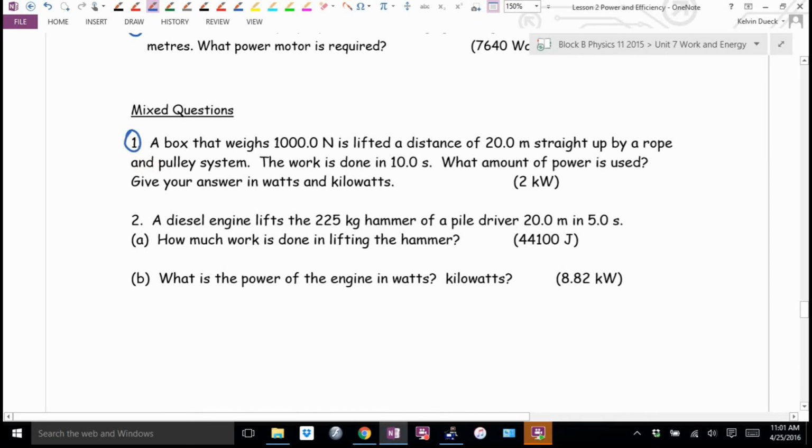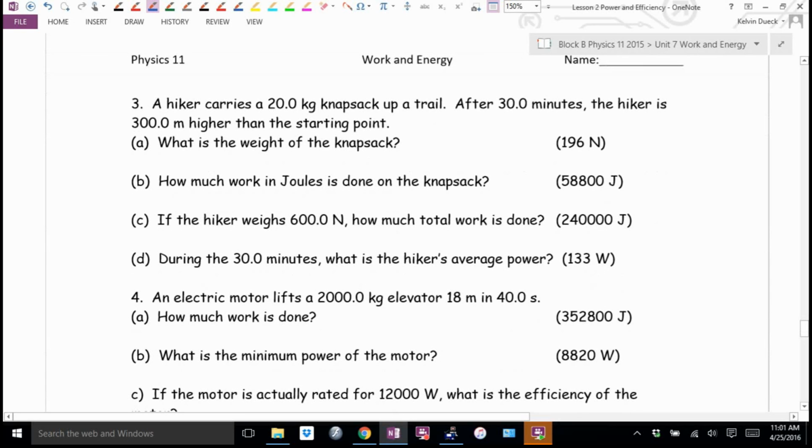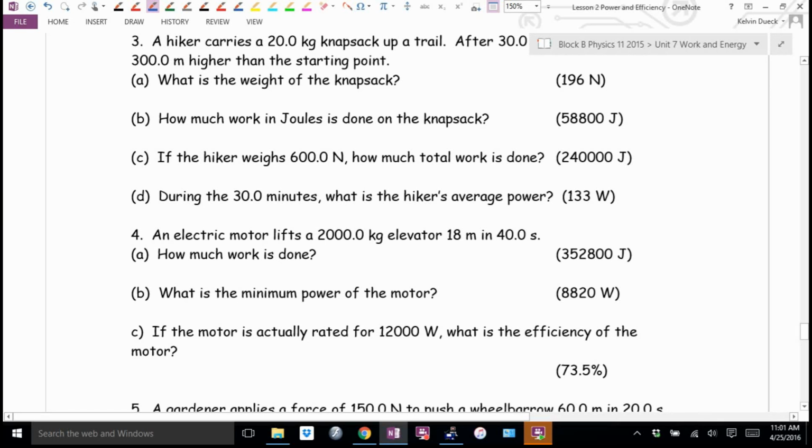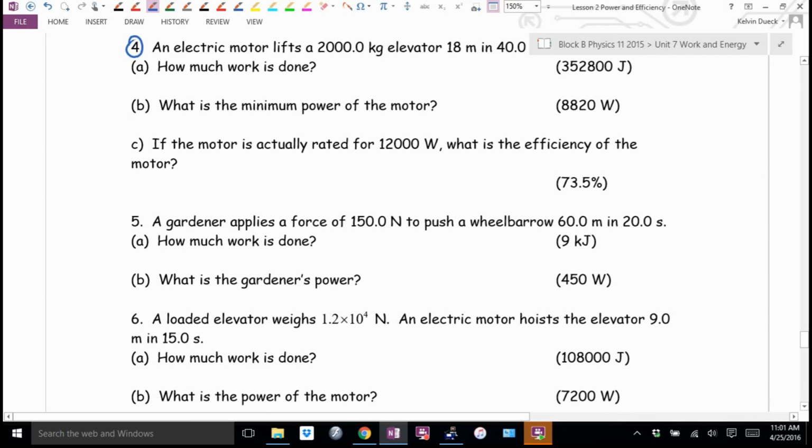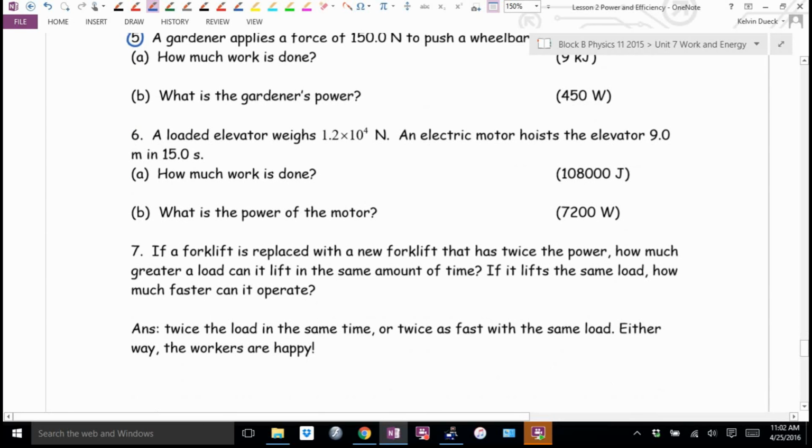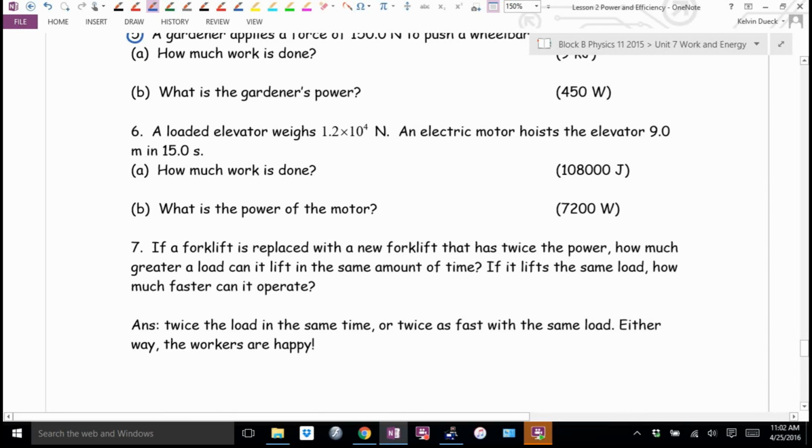And then for mixed questions, number 1, number 2. Three and 4 are the same question. I'll skip 3, 4. 5. 7.